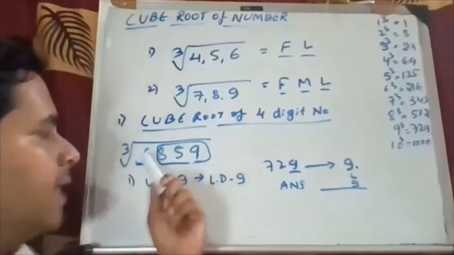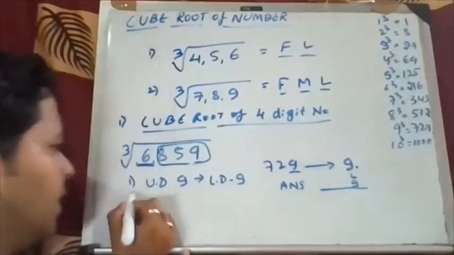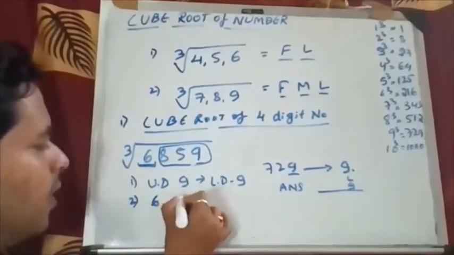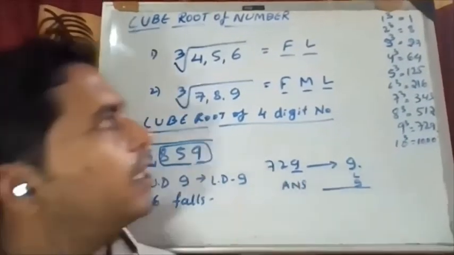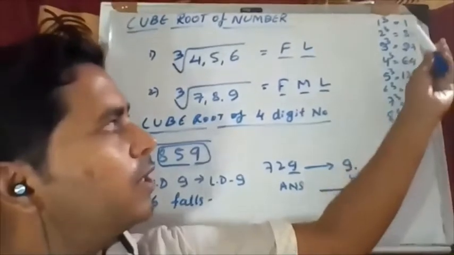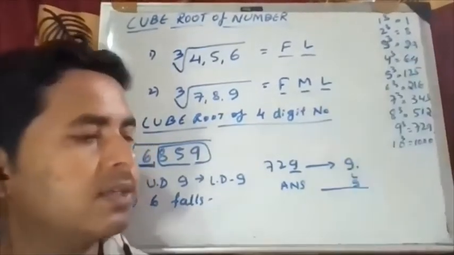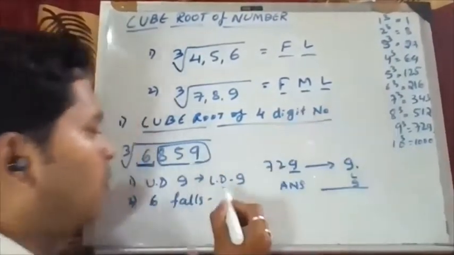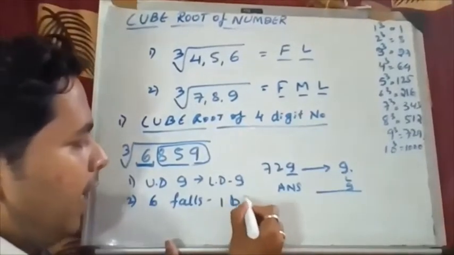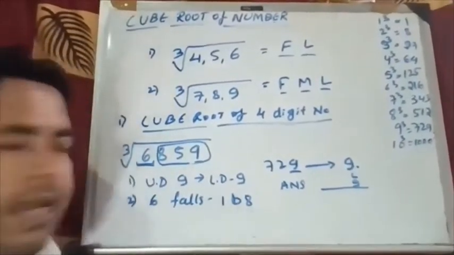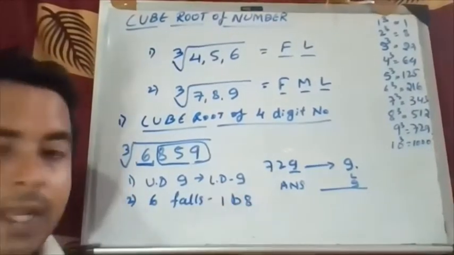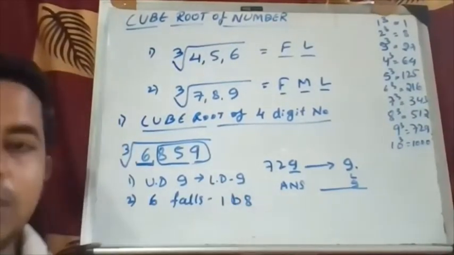So this 6, just check where this 6 falls or where this 6 lies. So if you see the cube values, your 6 will lie between cube value of 1 and 8. But among 1 and 8, which is the smallest number?